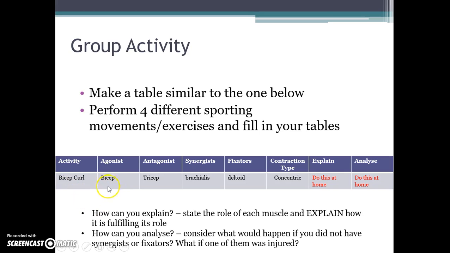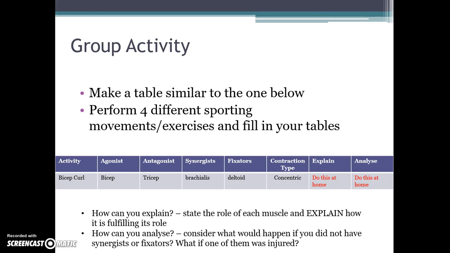On the upward stage, the bicep's the agonist, the one that's shortening. The antagonist is the tricep, because that's the one that relaxes. The synergist is the brachialis, because that also helps to lift the dumbbell up. And then you've got the deltoid as the fixator, making sure that the bicep is isolated, so we get the best gains we can. The contraction type is concentric, because it's shortening.